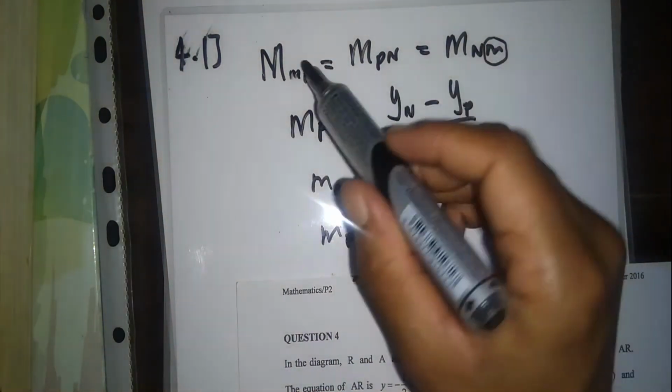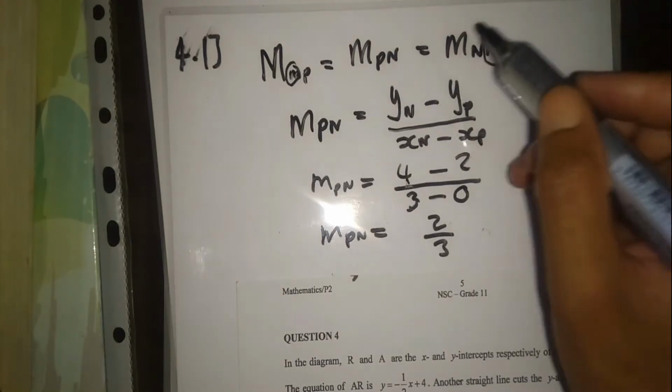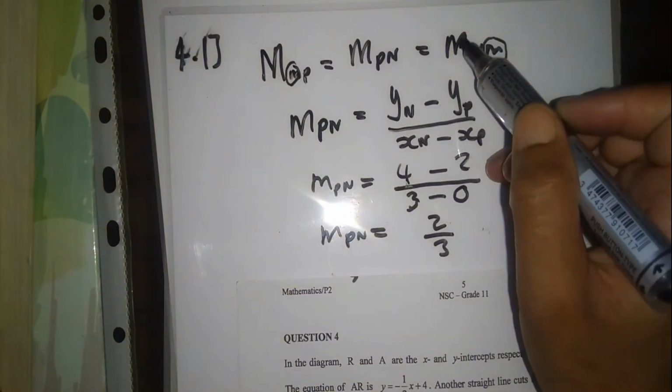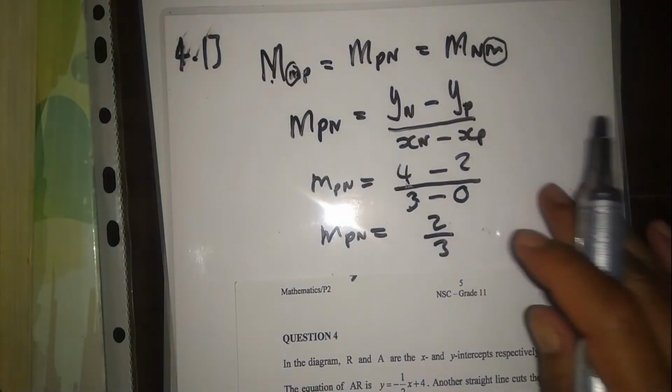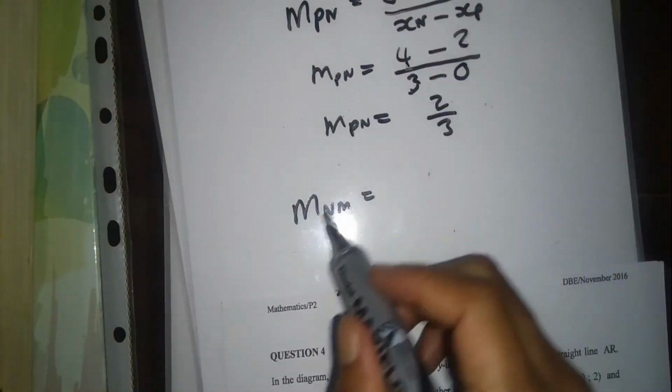From the property above, we want the gradient with the coordinate of M, so we can calculate the value of K. So we can take this gradient to calculate the value of K. The gradient NM is equal to the gradient PN from that property, so the gradient NM will be 2 over 3 as well.